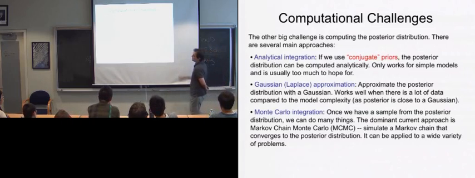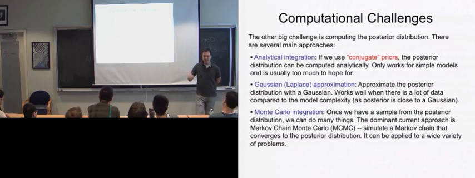The idea behind Monte Carlo methods is that if you actually get a sample from the posterior distribution, then you can do a lot, such as approximate the predictive probabilities and estimate uncertainties. And the dominant approach today is Markov chain Monte Carlo, where you're simulating a Markov chain that converges to the posterior distribution.